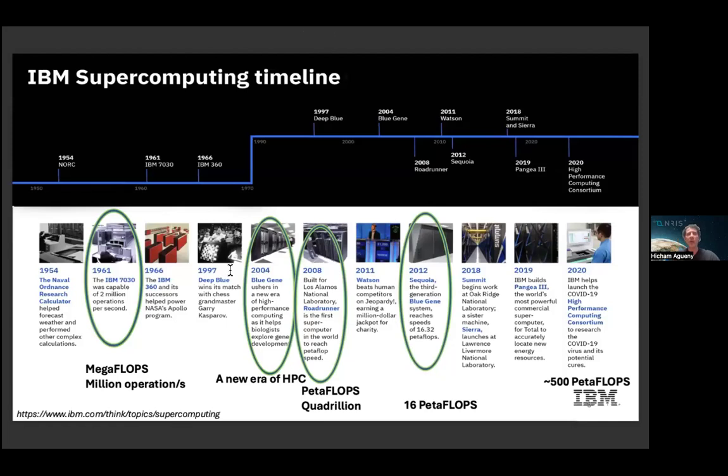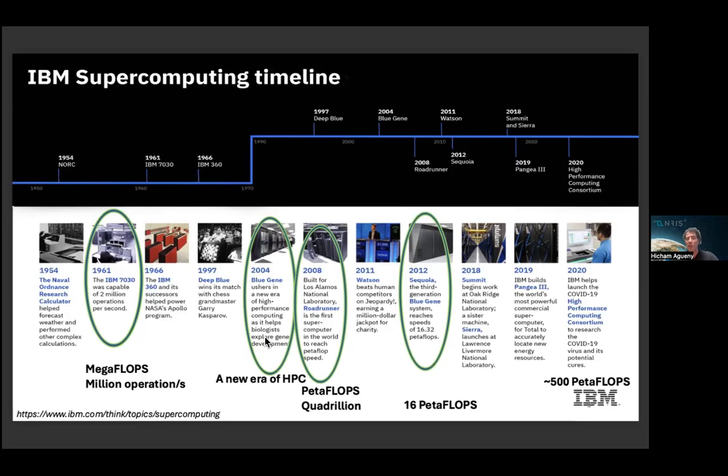Let's take a look at the history of supercomputing. I highlight here some important periods in the last 70 years of computing, starting in 1961, with the first machine that delivers computing at the level of megaflops, million operations per second. It took 40 years before the emergence of the area of high-performance computing in 2004, and that's due to developments in the context of genes in biology.